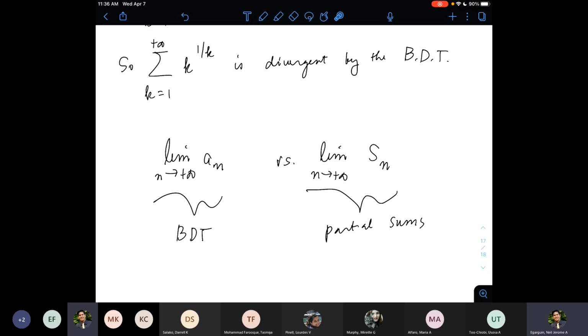The answer could be equal to 1, and yet the series converges. It could be equal to 3, and the series converges because you're taking the limit of partial sums. But here, it's a different thing. If the limit is not equal to 0, then it's divergent because you're looking at how the terms in the summation look in the long run. So these two have different arguments.